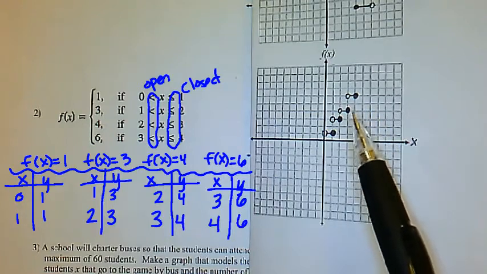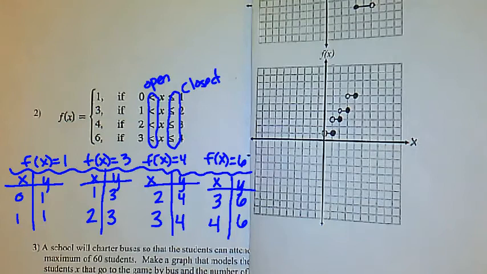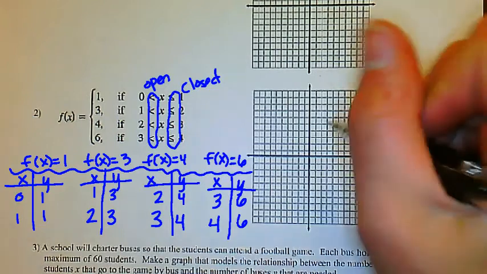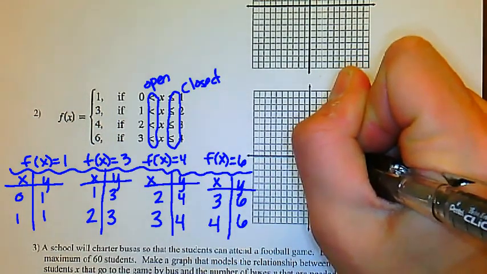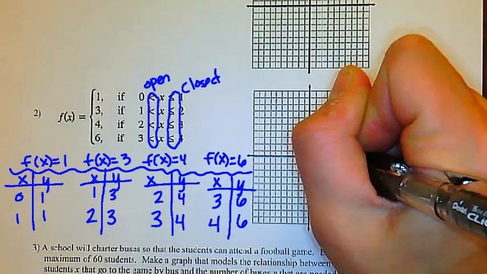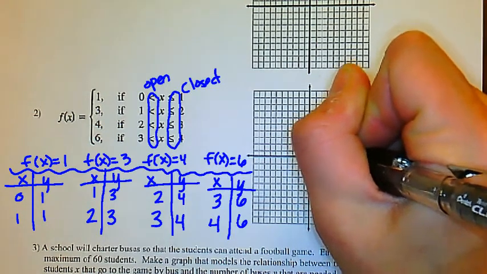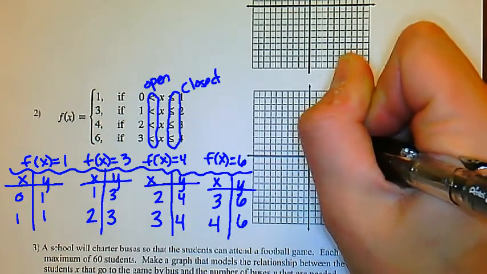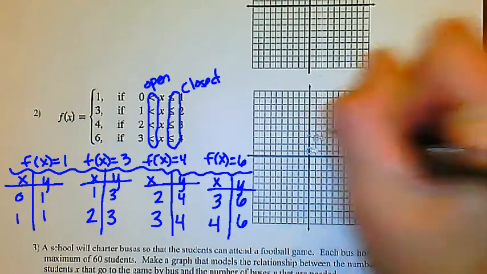Okay. I don't know that that looks right. Let me double check that. I'm going to draw that myself, actually. Okay, so let's see. So that would be an open circle right here, and then closed, and then open and close.